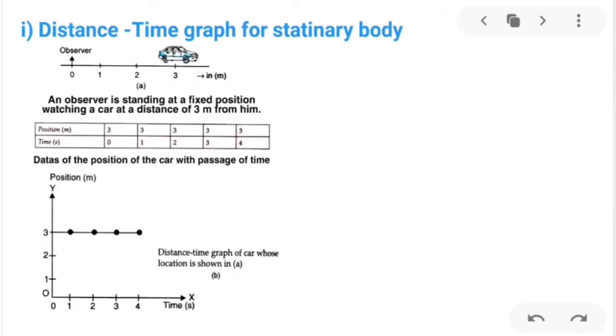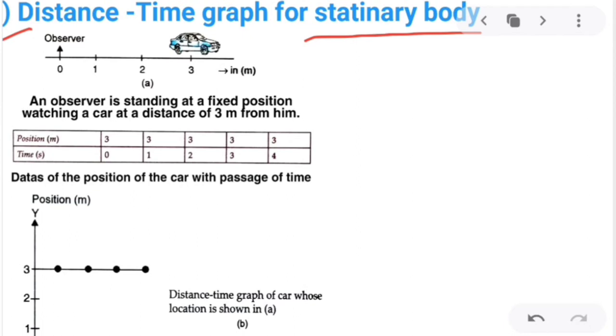Let us now try to understand the distance time graph for a stationary body, that means a body at rest, not moving. Look at the diagram here, where an observer is at a fixed point and he is observing a car at a distance of 3 meter from him.